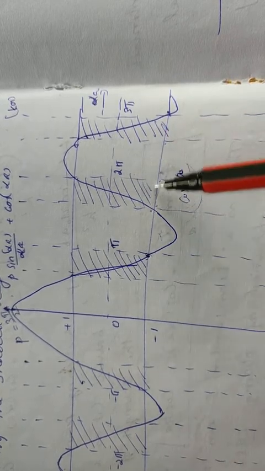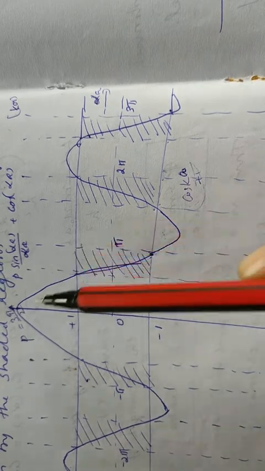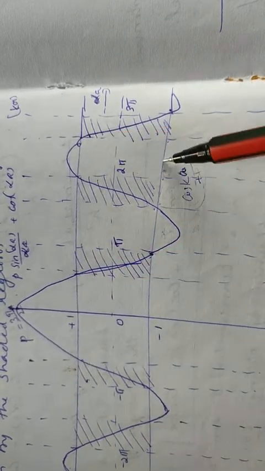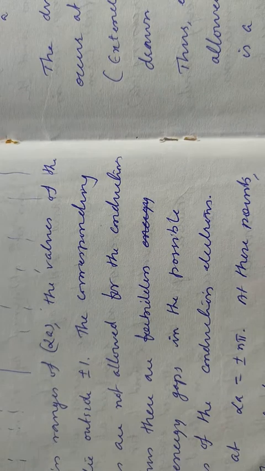So this range will represent the allowed energy values, and outside the boundary are forbidden regions. Okay, so this is how we are finding out the possible energy values.